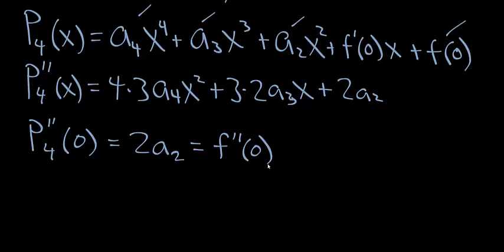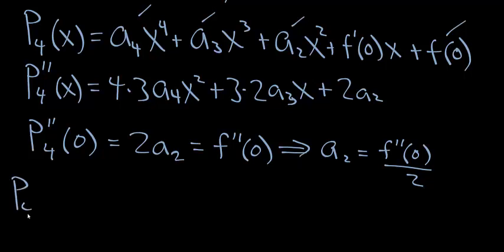And what I'm trying to do is get what a2 equals. So using a little bit of preschool algebra, you get a2 is equal to f double prime of 0 over 2. So now we've got that one, right? Does everybody see how this is going?